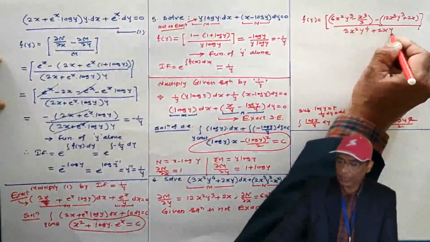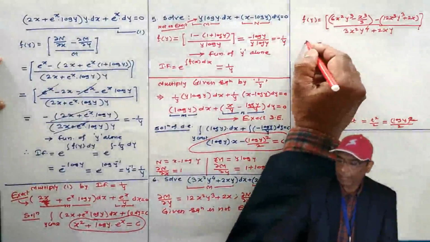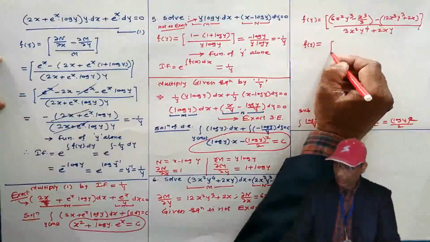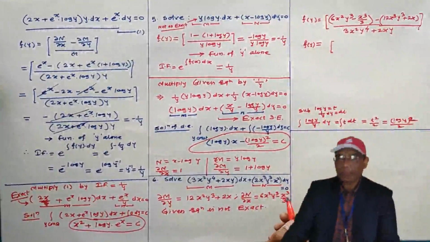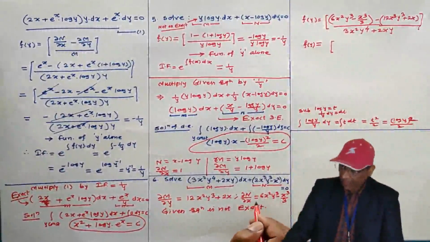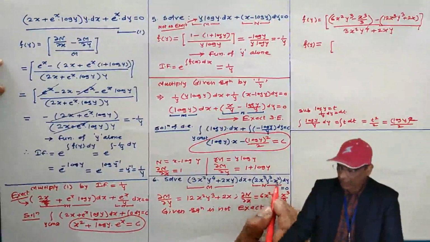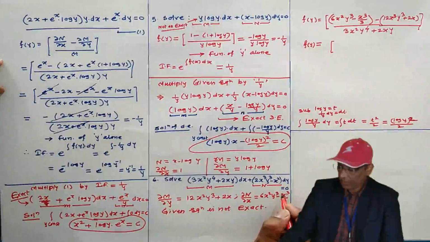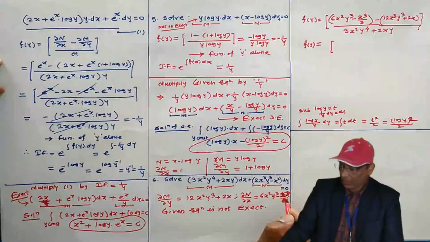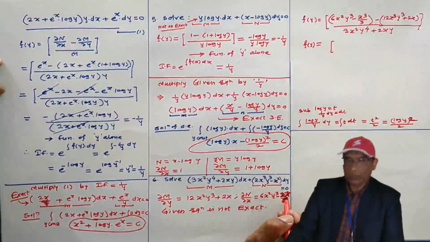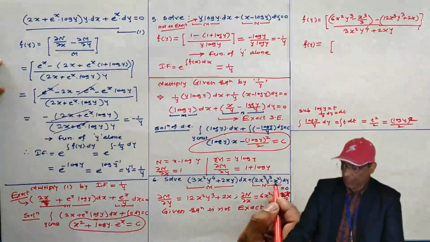Okay, let me check del N by del x once for you. The derivative of x square is what? 2x. I had written the integral of this. It was my mistake. The derivative of x square is 2x, not x cube by 3.